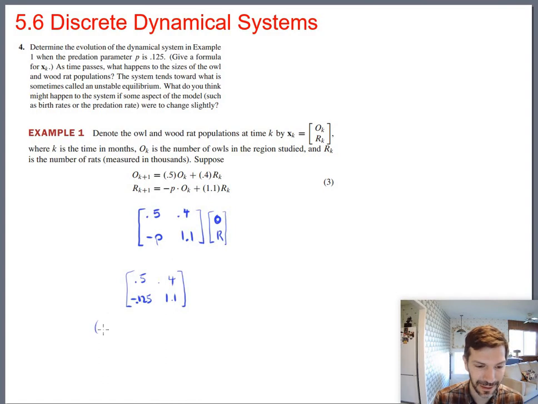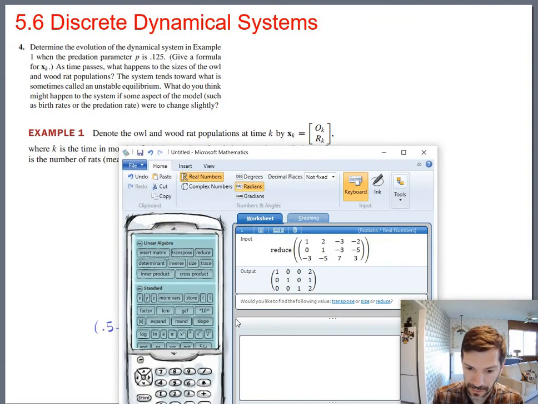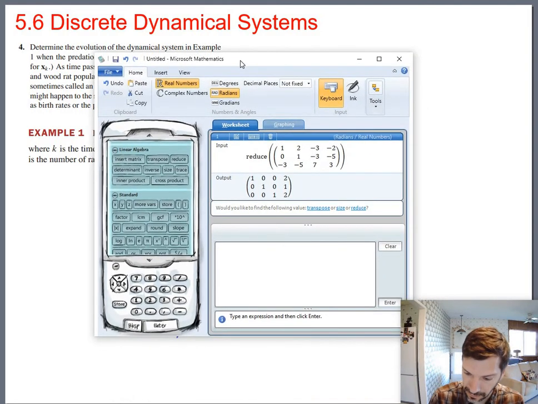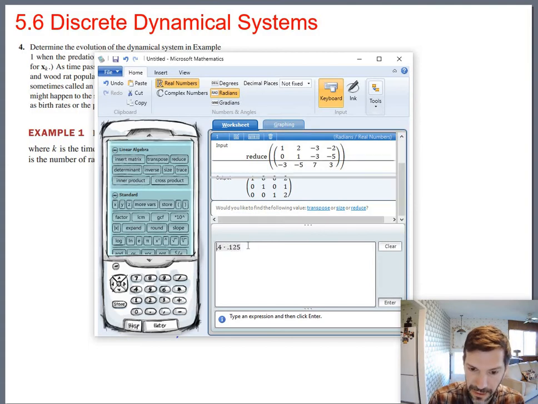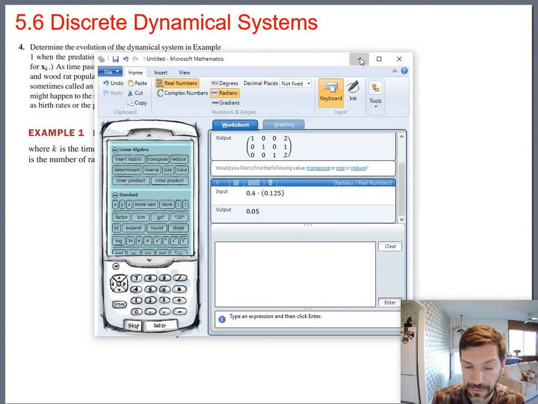We need the eigenvalues. Let's see, 0.4 times 0.125 is 0.05.